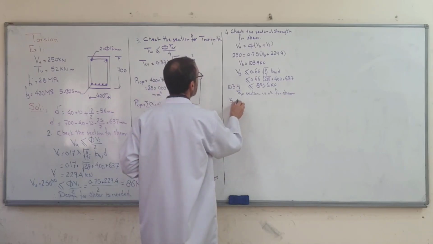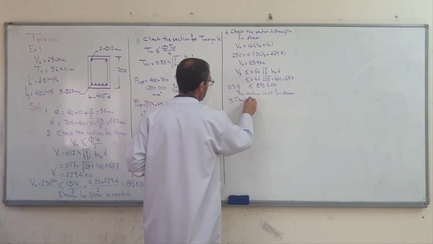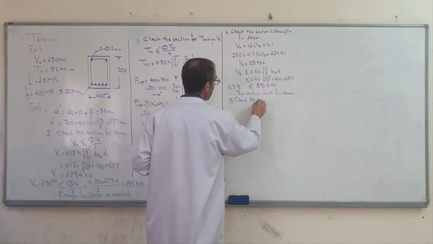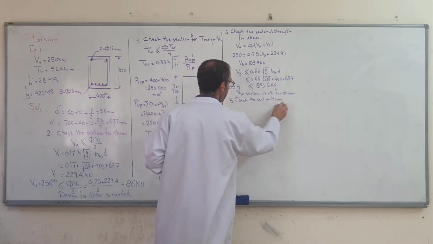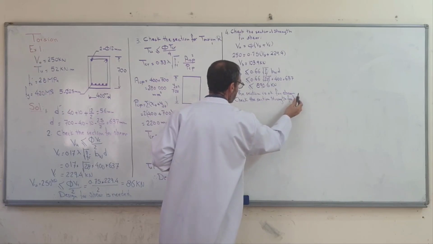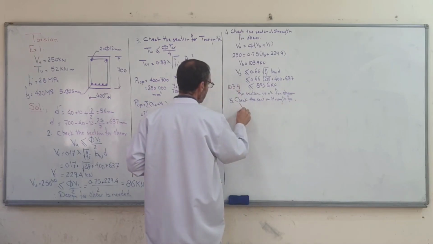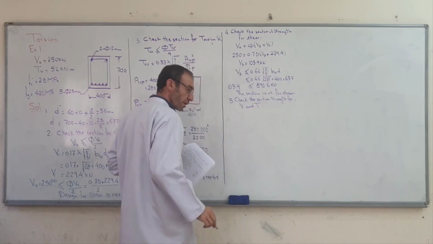Step 5. Check the section strength for shear and torsion, for shear and torsion at the same time.